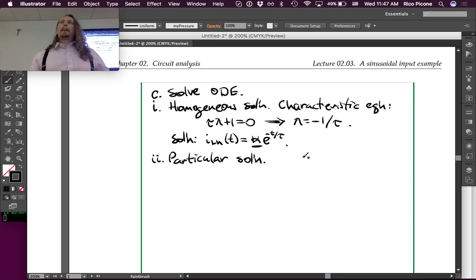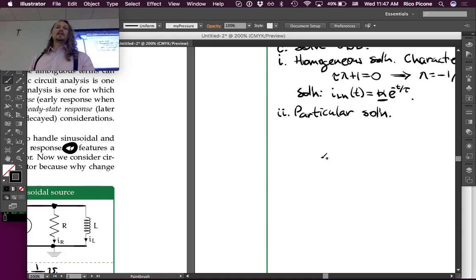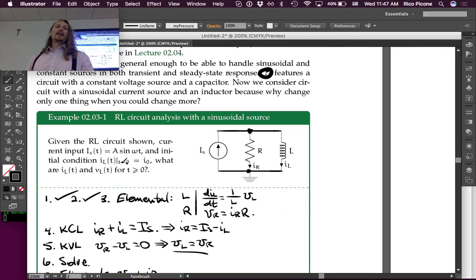And I don't want to get ahead of the other section because we stopped here, but I'll discuss a little bit how we would go about doing this, right? So to find the particular solution, we're going to need to determine what the form of it should be based on the form of the input, which in this case is sinusoidal, right? A sine omega t.